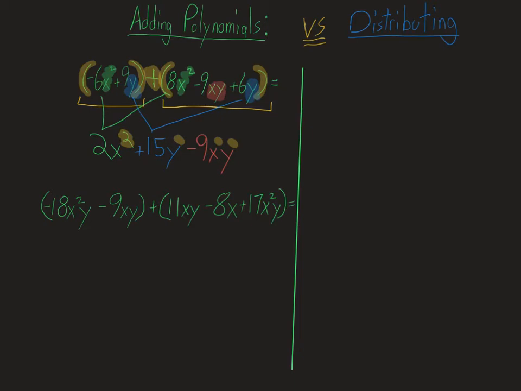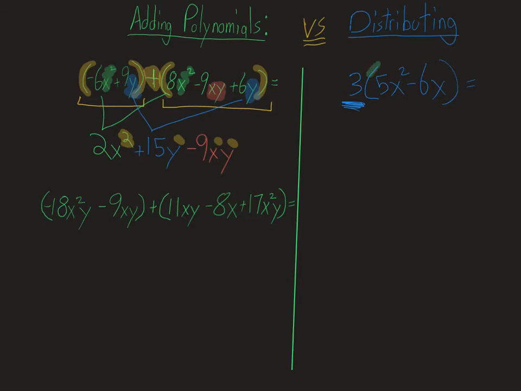That's fine. Now, up top I said adding versus distributing. Notice this is a little different than what we might see other times. You might see something like this, okay, and if we see that, that is a different problem because that 3 is right next to those parentheses.